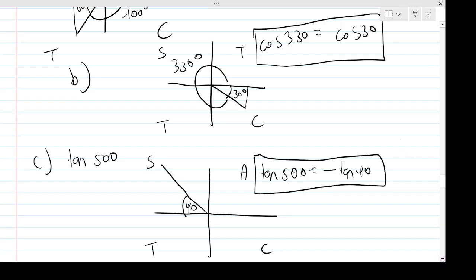We can break down larger angles by considering smaller acute angles between 0 and 90. Again, we broke down tan of 500 into just an angle of 40. We do that with the CAST diagram, because the CAST diagram tells us if it's going to be plus or minus, what sign tan of 500 is.